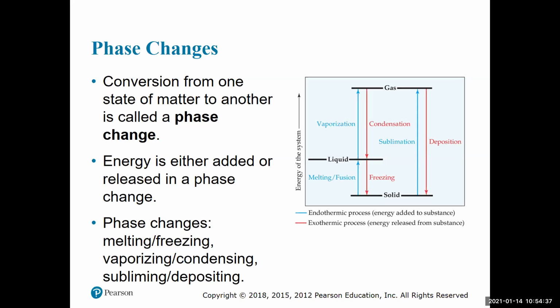And then finally, if we go from gas to solid, that deposition is also exothermic. So when we're talking about phase changes, no matter which of these it is, we can think of it in terms of exothermic or endothermic processes in kind of like stepwise fashion.